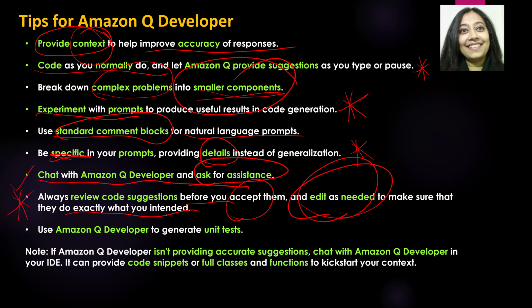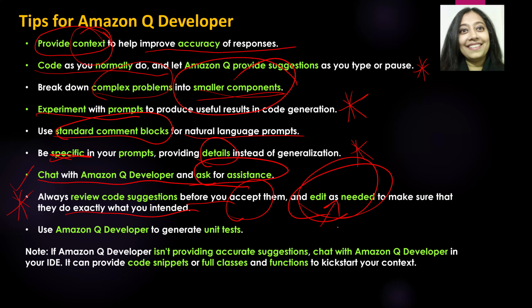But the important message over here is review the code, especially before accepting it. Let's say if you accept the code as well, review the code after it's been accepted, and most importantly, edit the code as needed. If you feel while reviewing that this code needs to be edited, then don't hesitate to do that. It is not perfect.